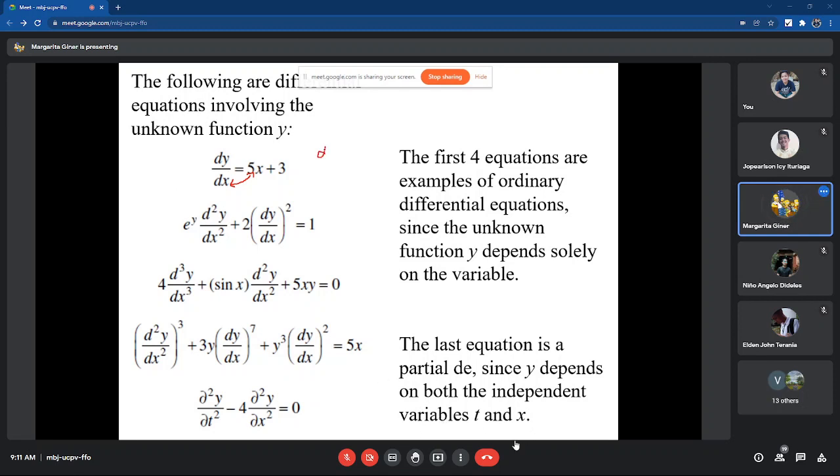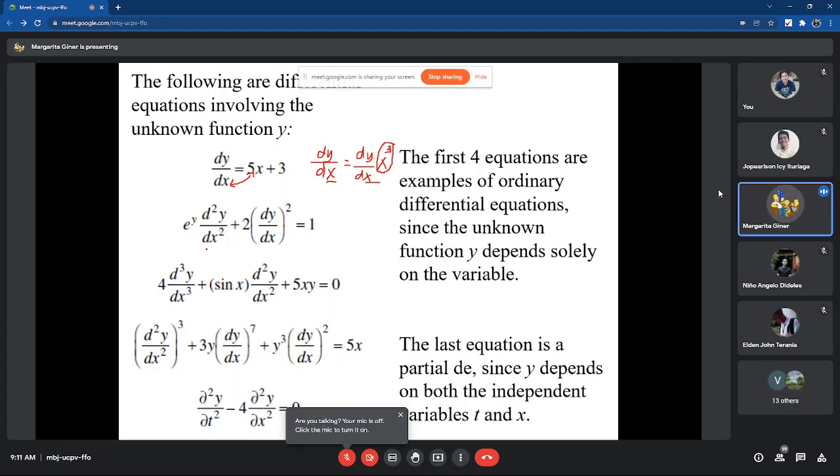Let's say dy over dx equals, let's say, x cubed. They are all with respect to x, and the variable outside is x. So, that is an ODE. You only have one independent variable.